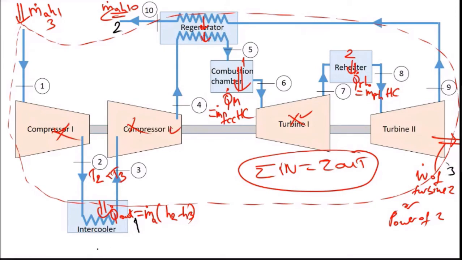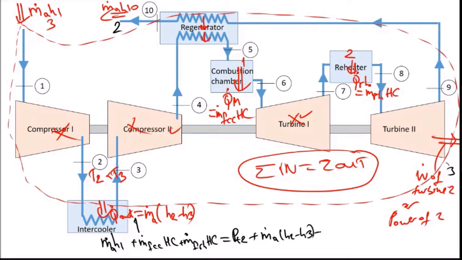This one is out 1, this one is out 2, and this one is out 3. If you write it, it will be m dot H1, this one is air, plus m dot of fuel of combustion chamber into HC, m dot of fuel of the reheater chamber into HC. That will be equal to power of turbine 2 plus m dot of air into H2 minus H3, plus, sorry, this one is not the mass flow rate of air only.